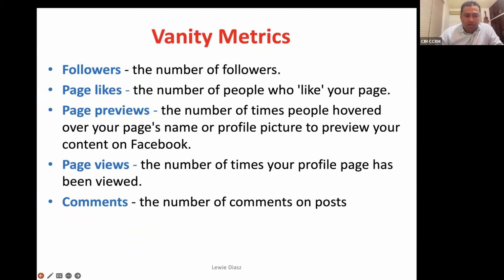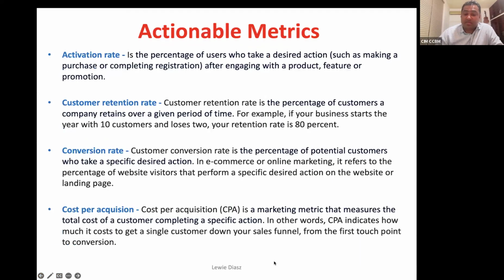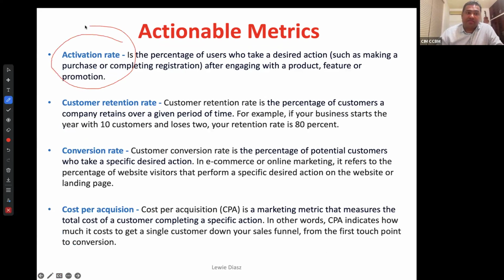But more important than the vanity digital marketing metrics are the actionable metrics, right? How many customers are active? We call that the activation rate. How many customers are active, right? So if you have so many customers, gym memberships, how many at least come once a month, once a week?